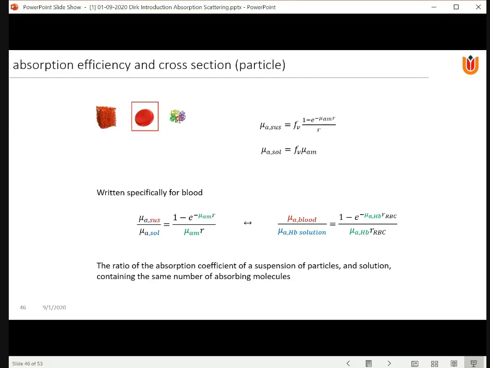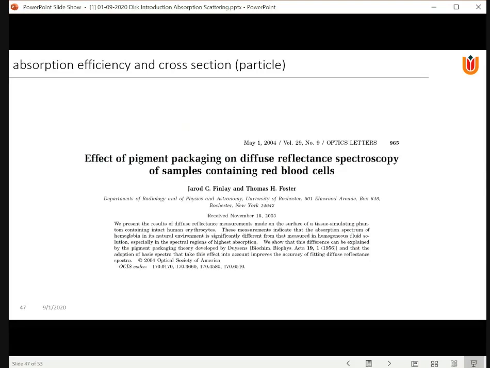And this equation tells you that actually that is a little bit too simple. You have to take into account that the molecules are packed inside these red blood cells. In the optical literature, this is usually called pigment packaging.